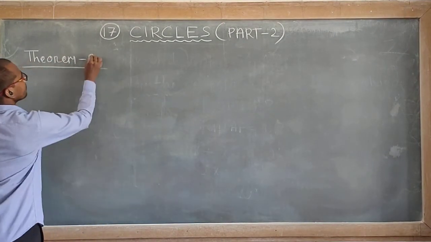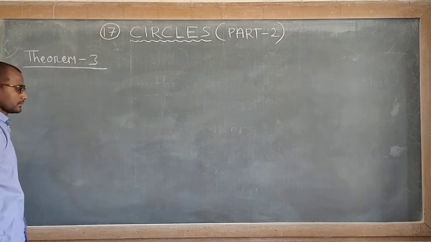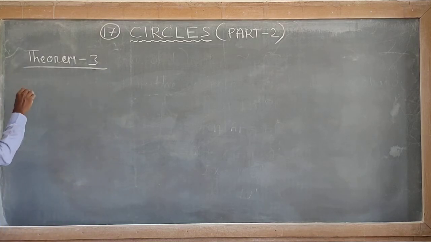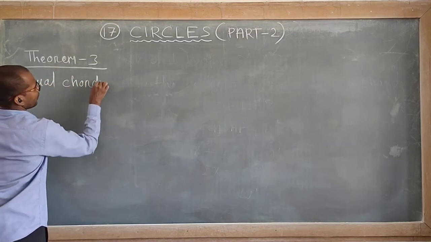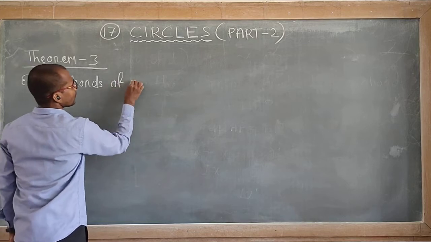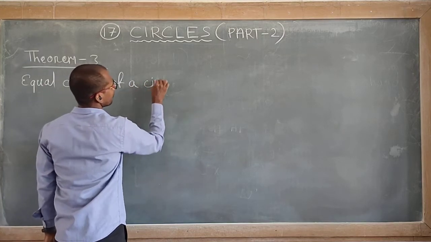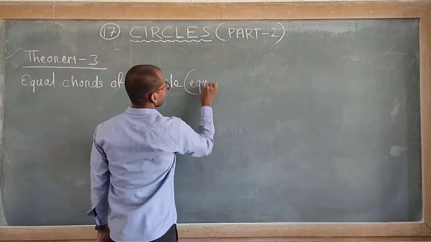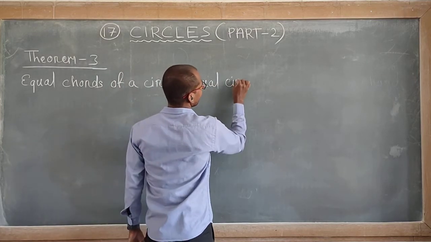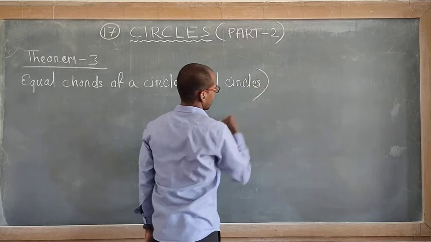Theorem number 3. Equal chords of a circle or equal circles.